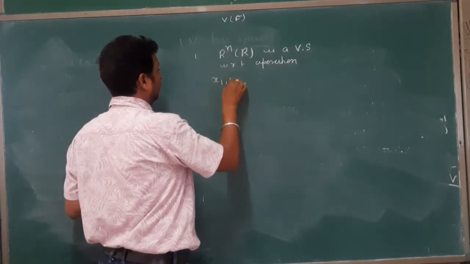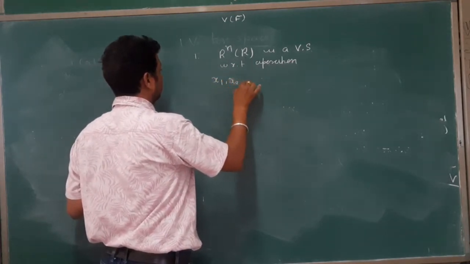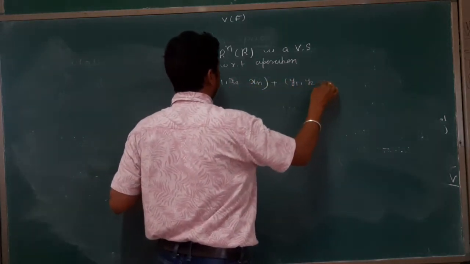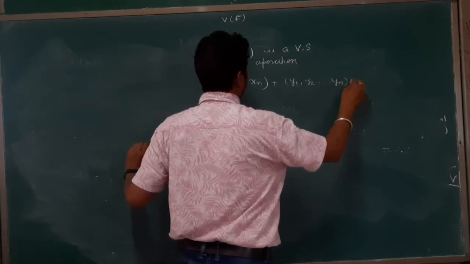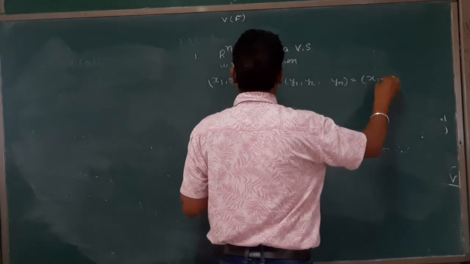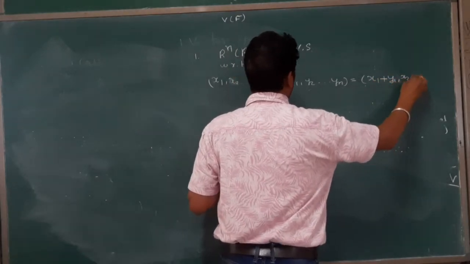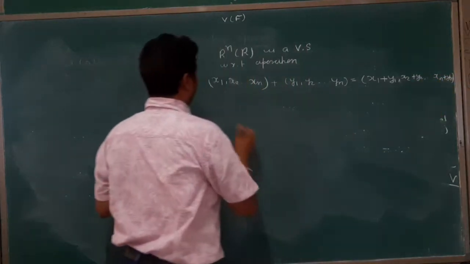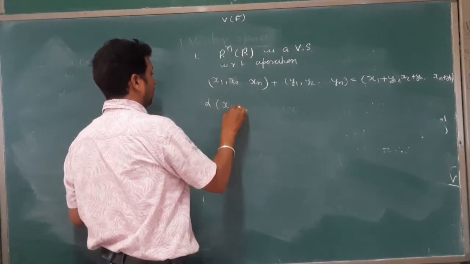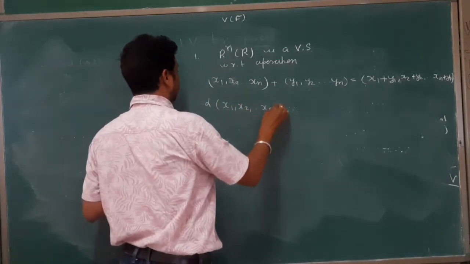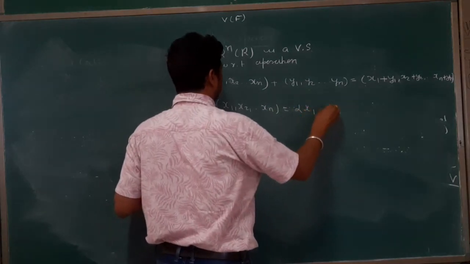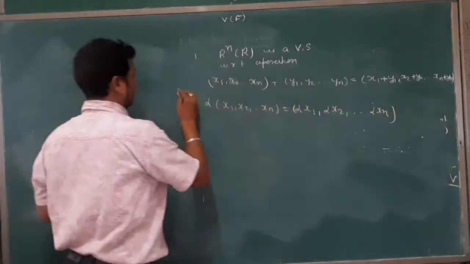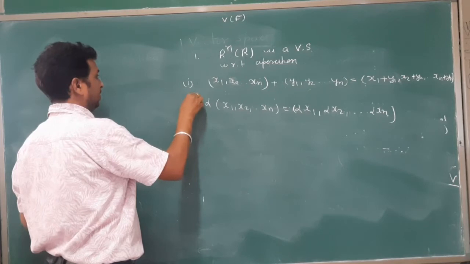Take any two elements (x1, x2, ..., xn) plus (y1, y2, ..., yn). What is the value? (x1 plus y1, x2 plus y2, ..., xn plus yn). And how is multiplication defined? Alpha of (x1, x2, ..., xn) is equal to (alpha x1, alpha x2, ..., alpha xn). So these are the operations defined.